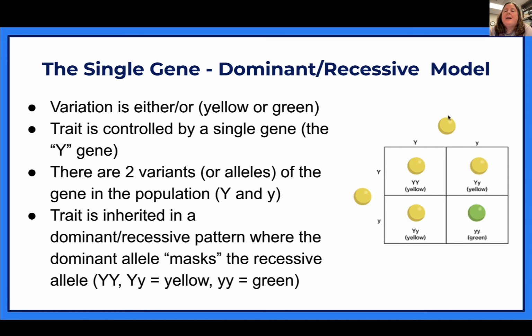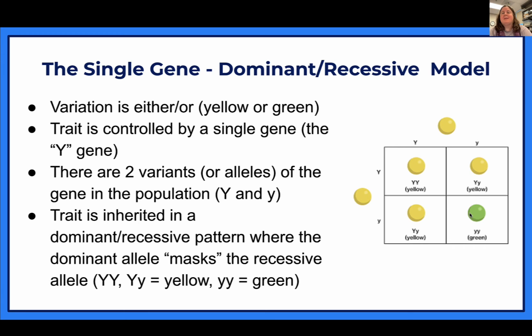So anytime these two pea plants breed, they can have a 1/4 chance that their offspring is going to be big Y, big Y, a 1/2 chance that they're going to be big Y, little y, and a 1/4 chance for their offspring to be little y, little y.